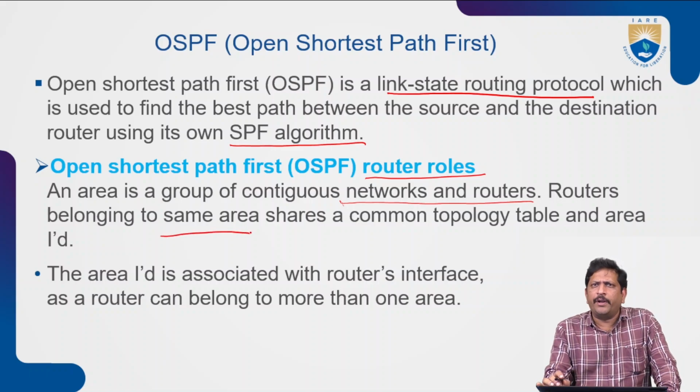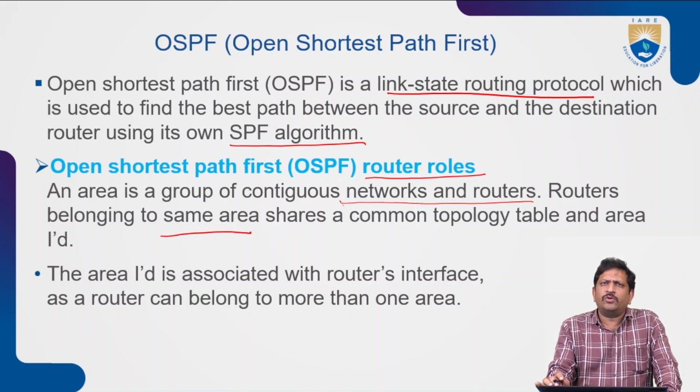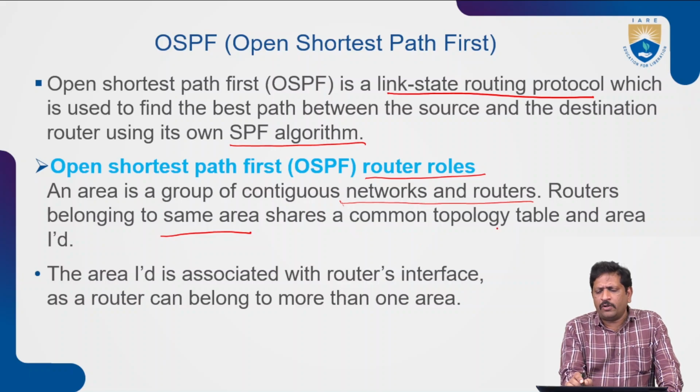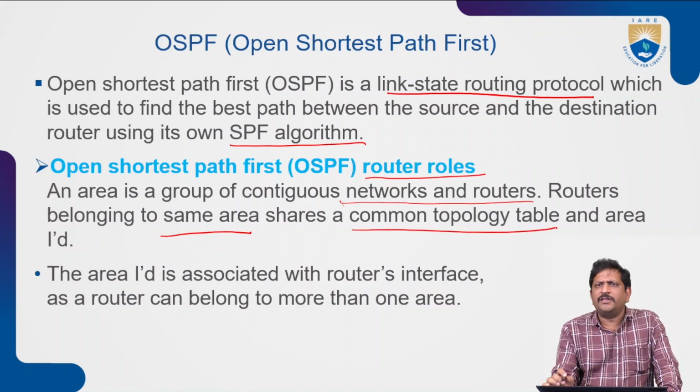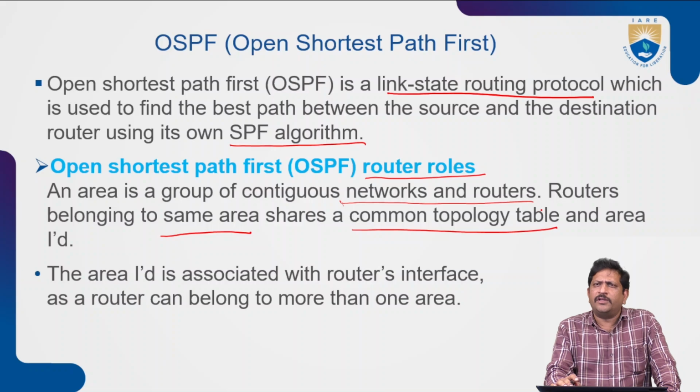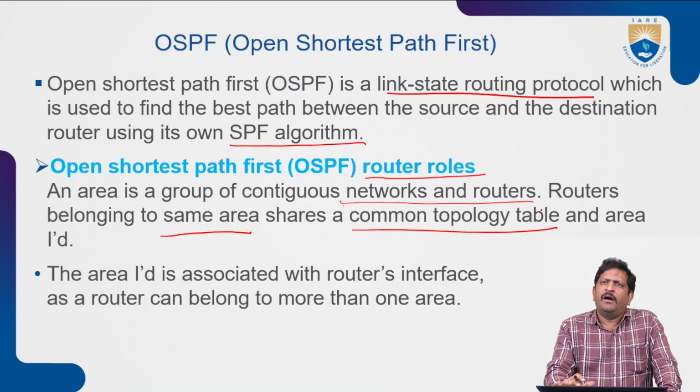That is a bounded router. If the routers belong to the same area within the same locality, we call them bounded routers. Bounded routers share the same topology, that is common topology tables, which maintain the different topologies, that means bus topology, ring topology, whatever topology we construct for providing the services.